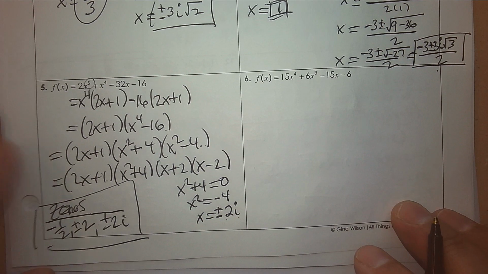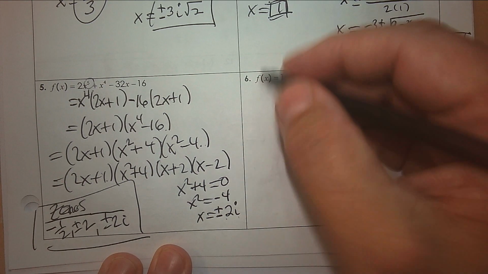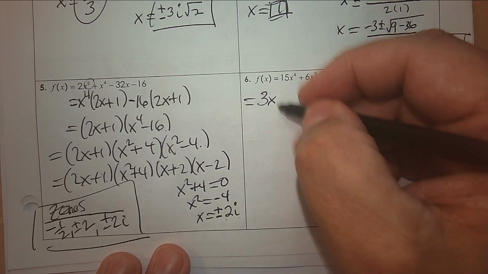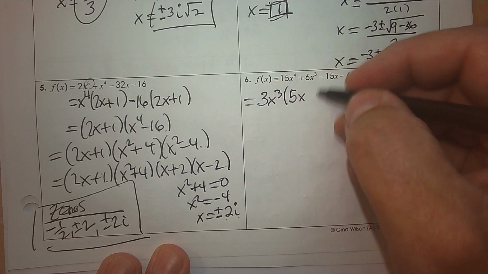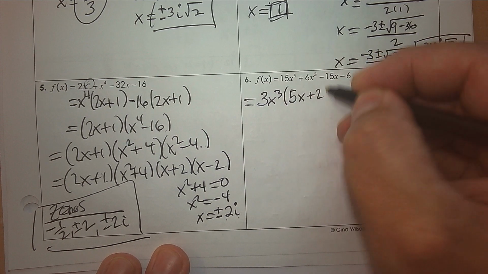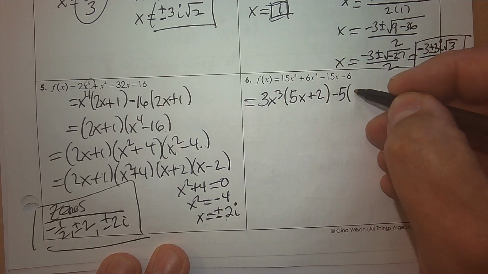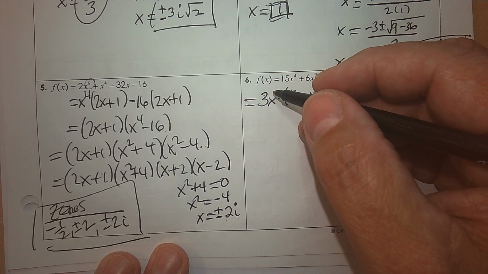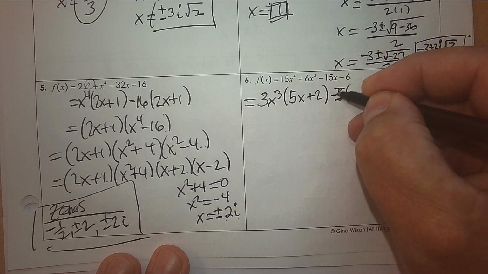So press pause, do your best, then press play. So they have a common factor, 3x cubed. That leaves me with 5x plus 2. Here, factor out a negative 5, and I'm left with, wait a second, 15. 5 does not go into 6. 3, silliness.